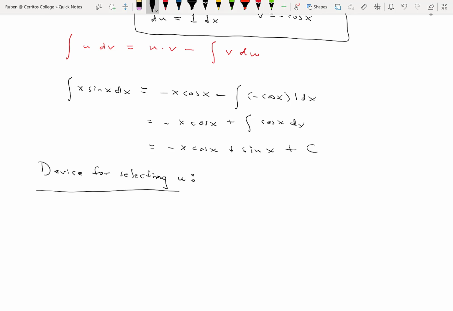Now this device is an example of what's called a rule of thumb. A very common expression, a rule of thumb. A rule of thumb is a rule that works often, sometimes real often, but not all the time. Okay, so this is a method that will work often for selecting u, and it goes like this: u equals LIATE.